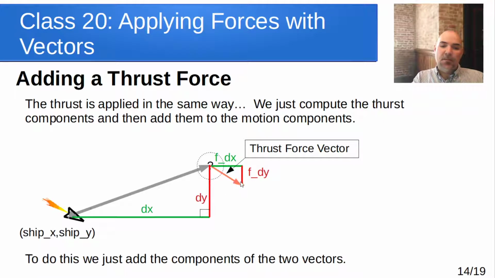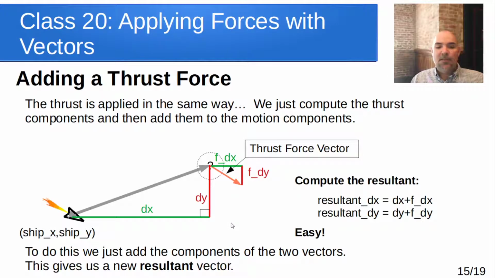So to do that, to figure out what the resultant is going to be, we just add the components of the two vectors. In other words, the resultant dx is this dx plus that dx, which gets us to this point, and the dy is going to be this dy plus that dy, and this one happens to be negative here, positive, and that one's negative. So it's going to end up there.